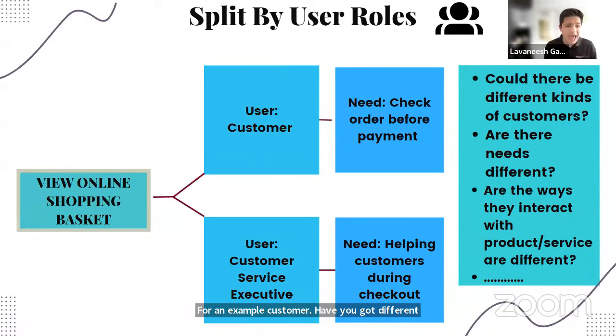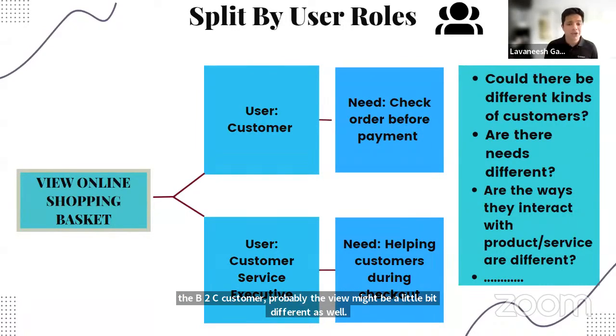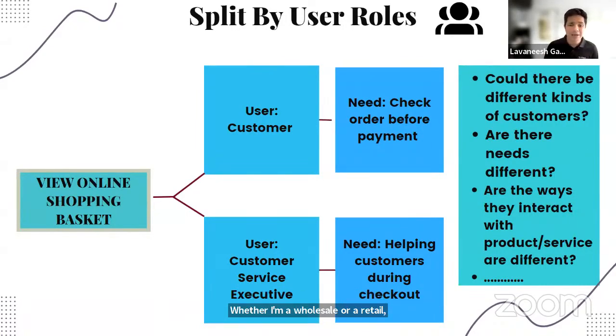And if we have, do we think that the view of these different customers may look a little bit different as well? For an example, if I have got a B2B kind of customer or a B2C customer, probably the view might be a little bit different. Whether I'm a wholesale or a retail customer, maybe the way I want to look at that shopping basket might be a little bit different as well.